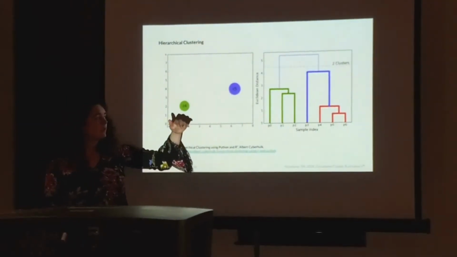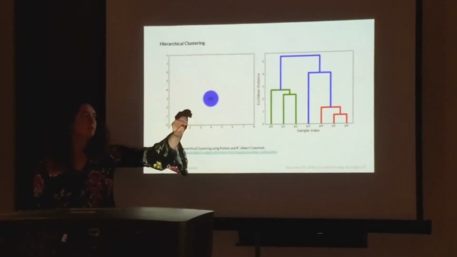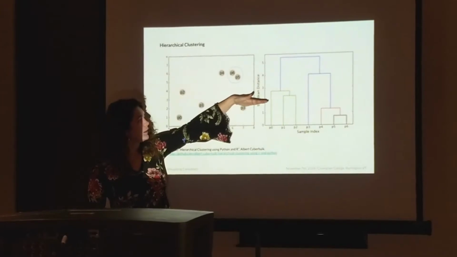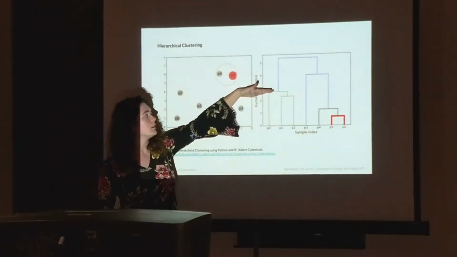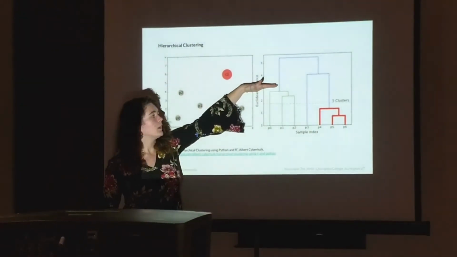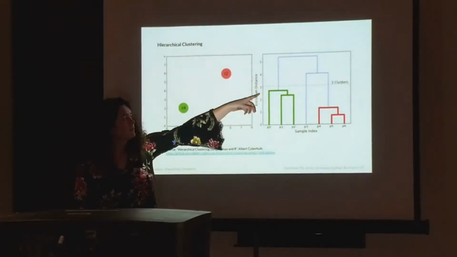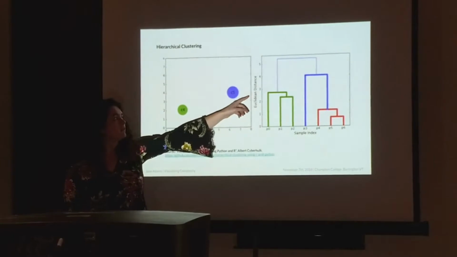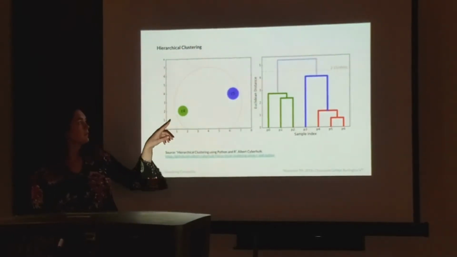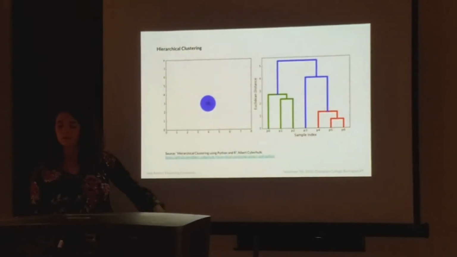And if we decide, okay, I want to have so many clusters, we can decide at what point we want to cut this dendrogram so that we have different groups. So you can see these dotted lines here saying that's 5 clusters, that's 3 clusters, and then all the way down to 2 clusters, and then 1 cluster.